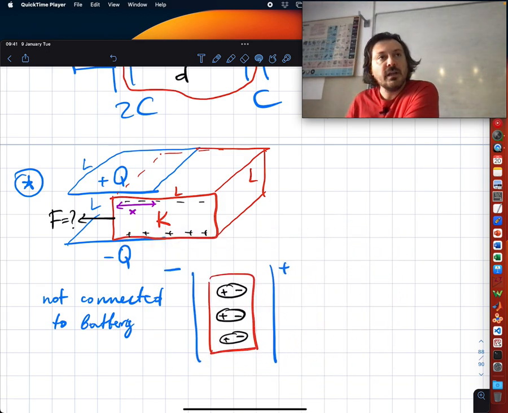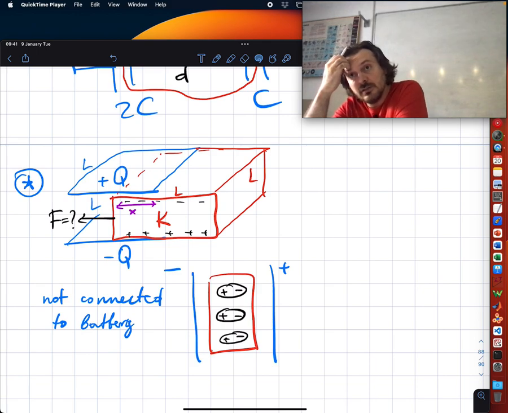How can we find F? We need to find the work W, or we can find the energy of the system, and the negative derivative of the energy should be the force, right? Do you agree or not?